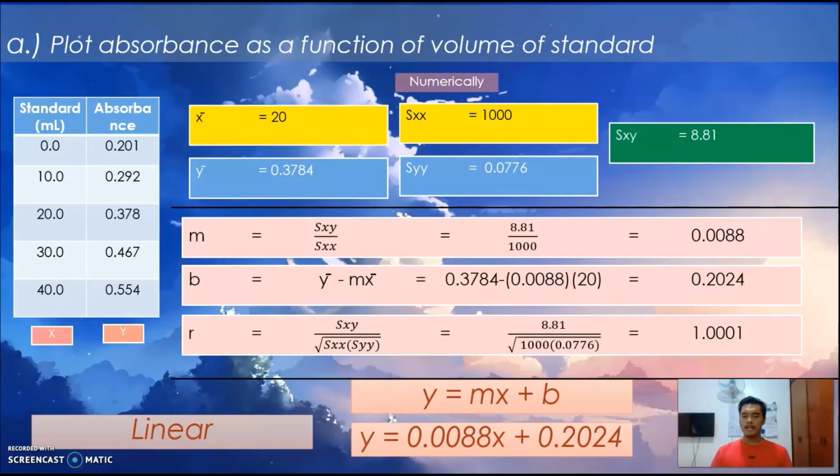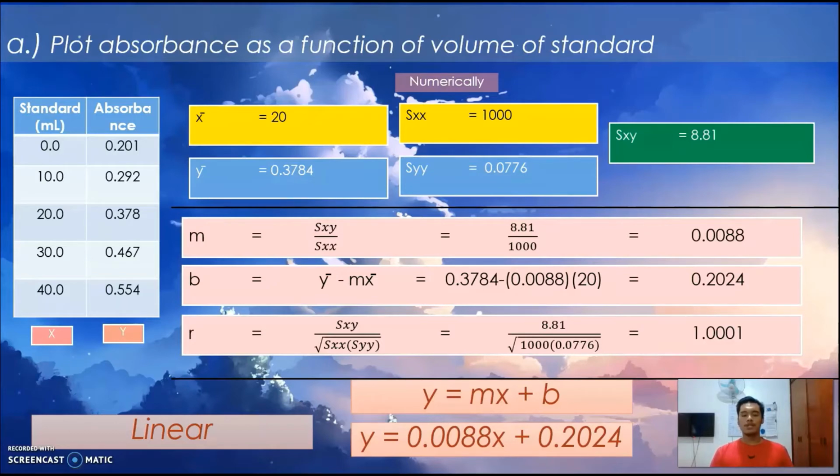The mean of the x value is 20. The mean of the y value is 0.3784. Sxx will have a value of 1000, Syy will have a value of 0.0776, Sxy will have a value of 8.81, the slope, or m, will have a value based on the formula of 0.0088.